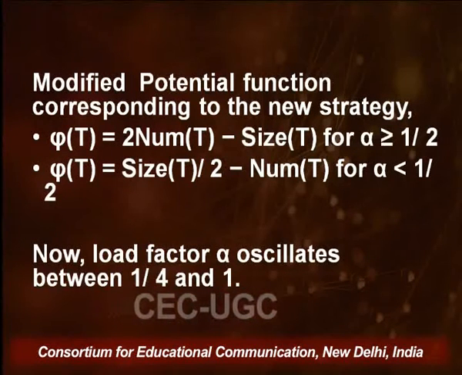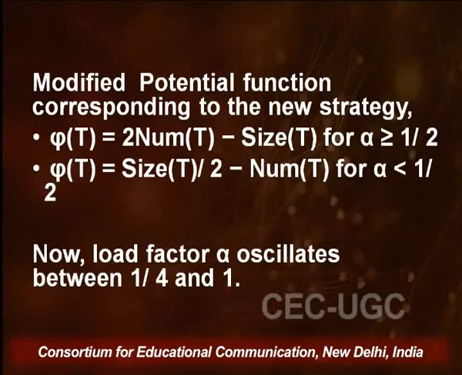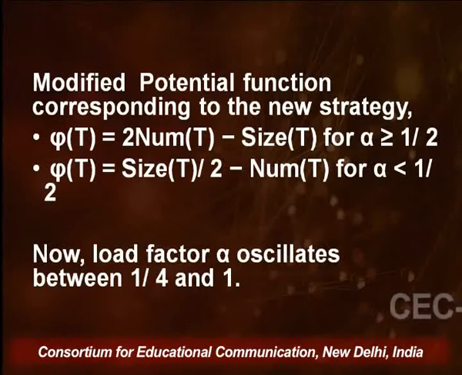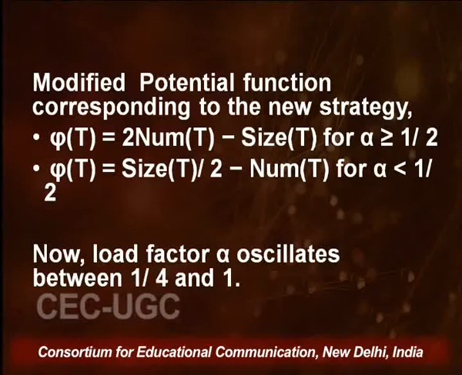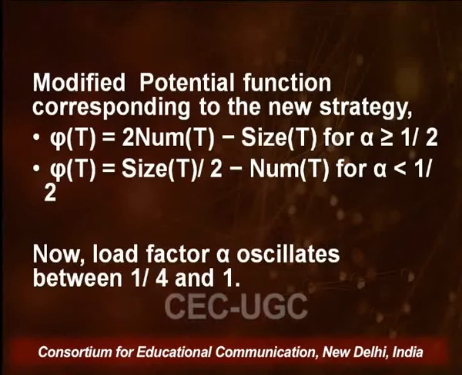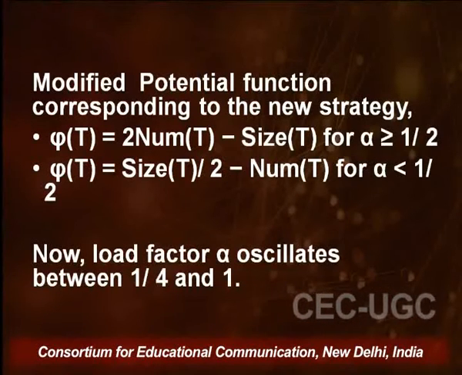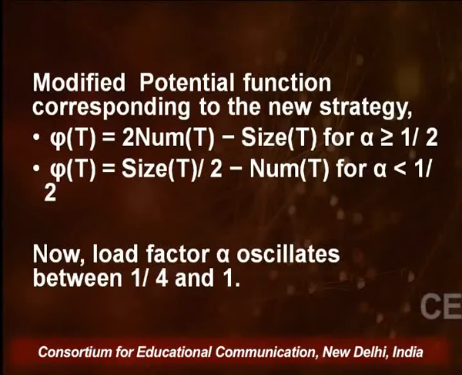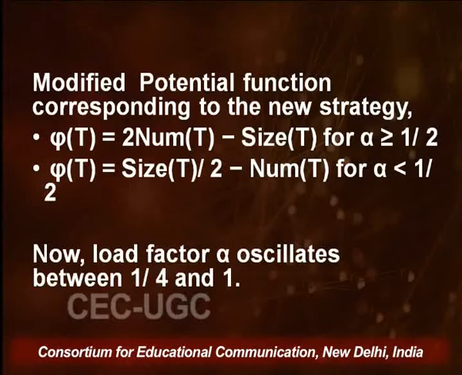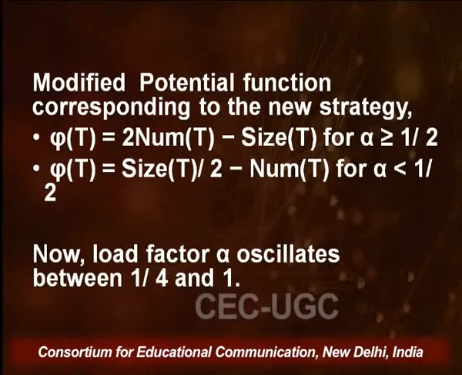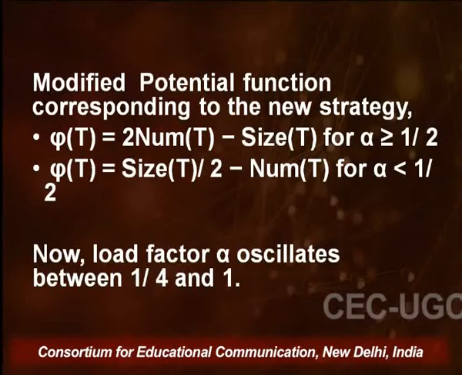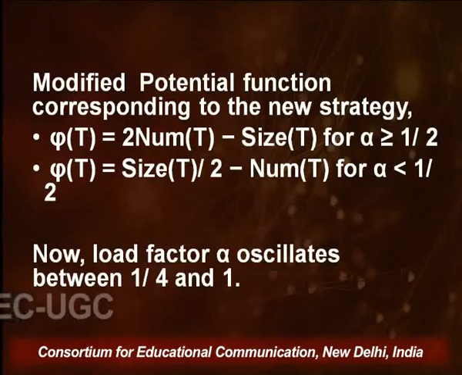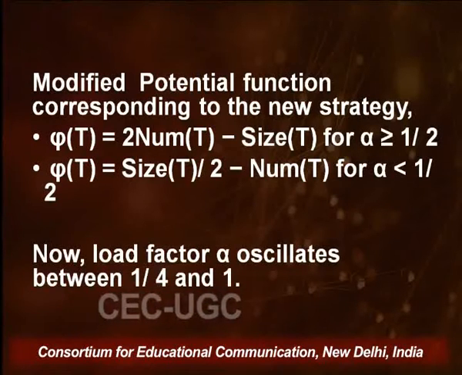So now my strategy for calculating the potential function says whenever alpha, which is the load factor, is greater than or equal to 1 by 2, phi of t is equal to 2 times num of t minus size of t, and this is what we had fixed as the standard earlier.